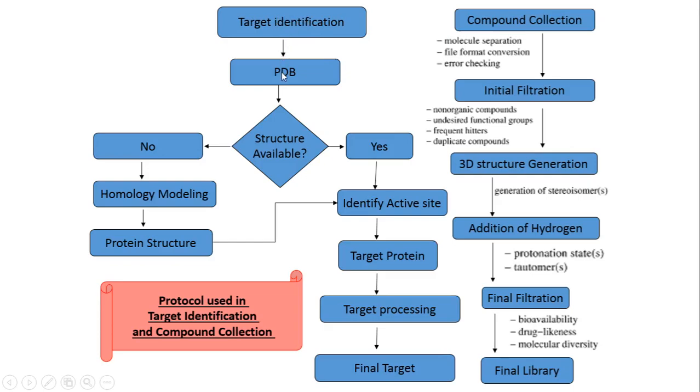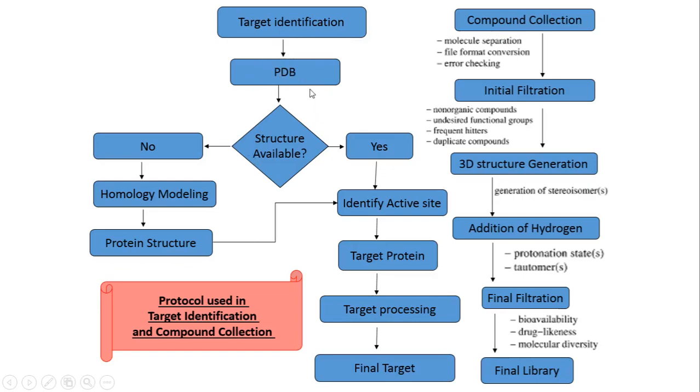Then we would seek out whether the drug target you have identified contains an experimentally solved structure. We would check in the database called PDB. So this PDB is a database where the scientific community deposits the experimentally solved structures of proteins and other macromolecules that can be relevant for therapeutic interventions.